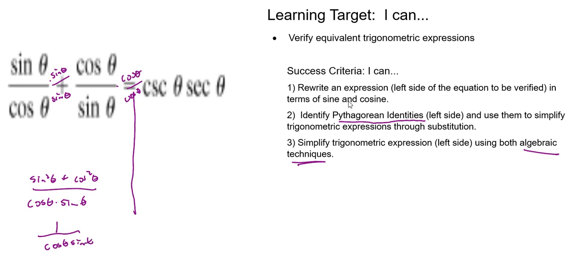Once again rewriting this expression, 1 over cosine theta is equal to secant of theta, times 1 over sine of theta, which is equal to cosecant of theta, with a little bit of rearranging, the associative property. We just verified that, yes, these two are actually equal. Awesome, huh?